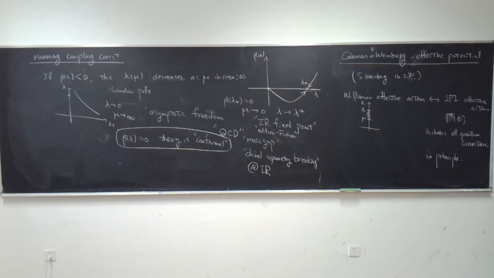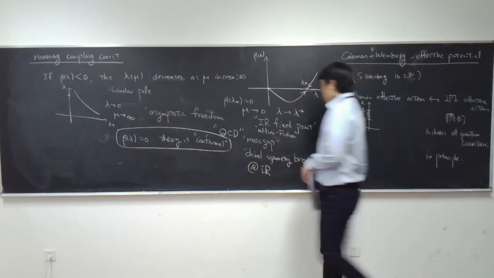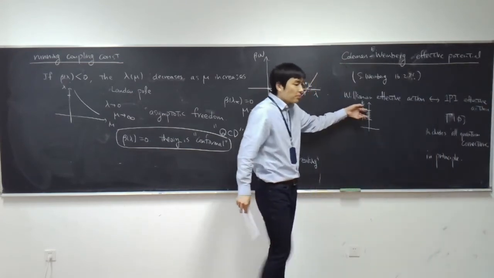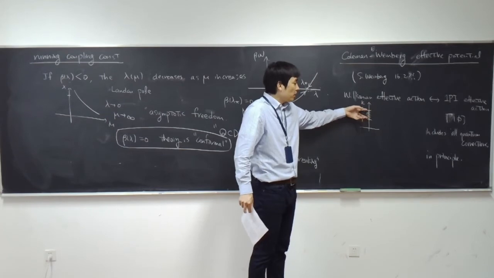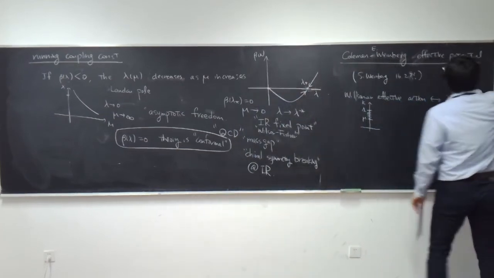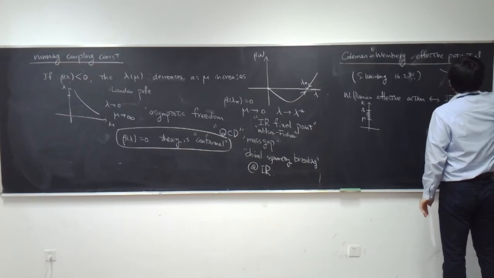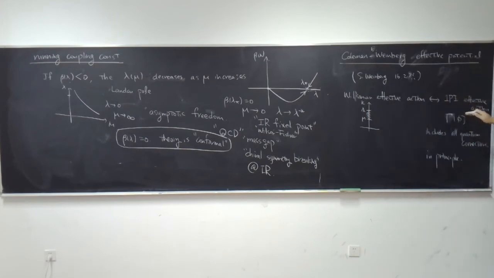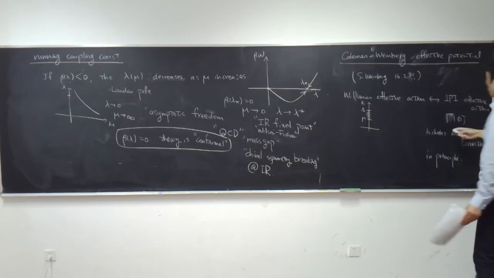So the 1PI effective action and the Wilsonian effective action are completely different things. The Wilsonian effective action just integrates out some energy region, whereas the 1PI effective action includes all the quantum corrections. We already see this in phi-4 theory, even quantum electrodynamics.